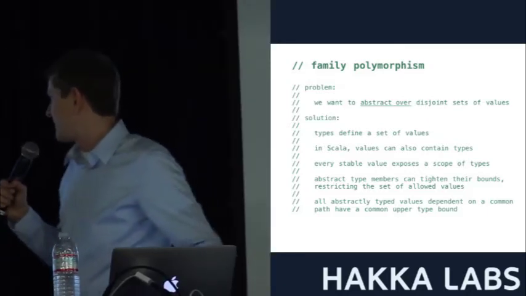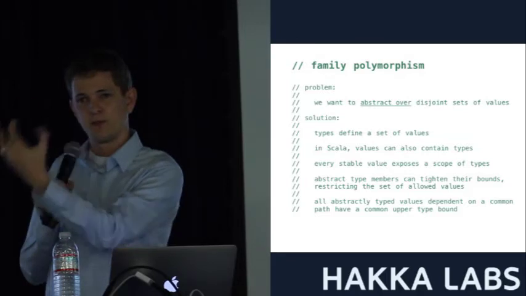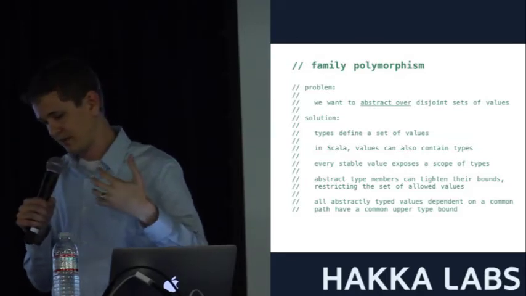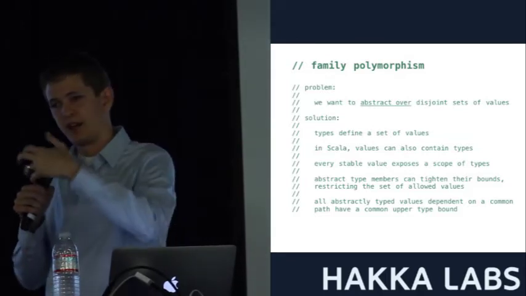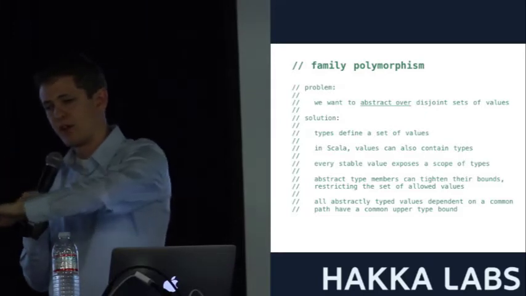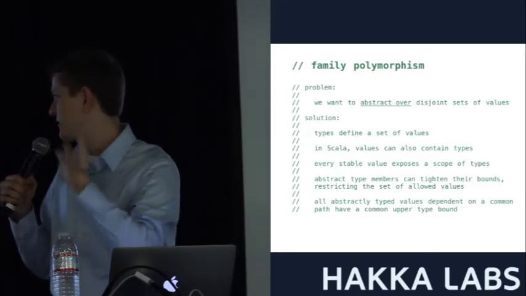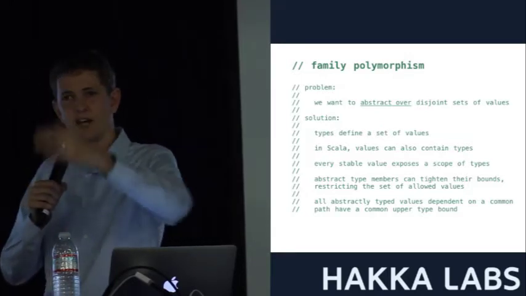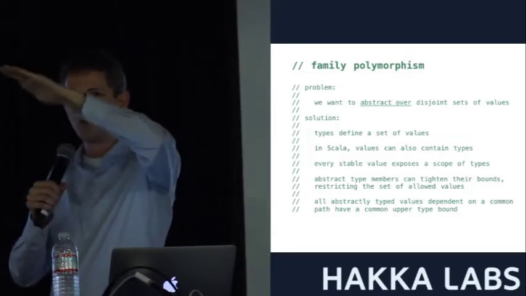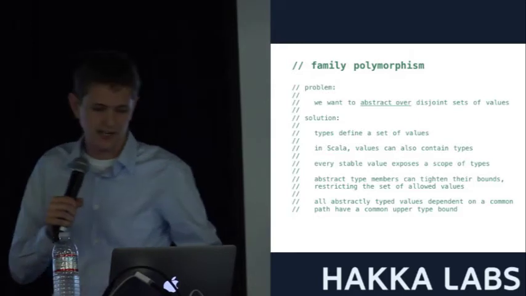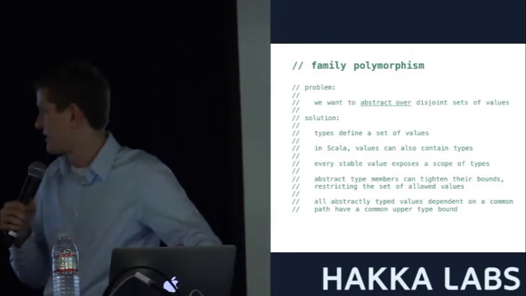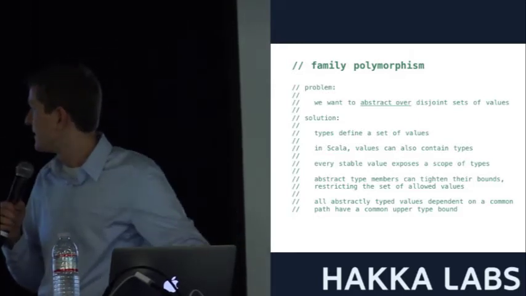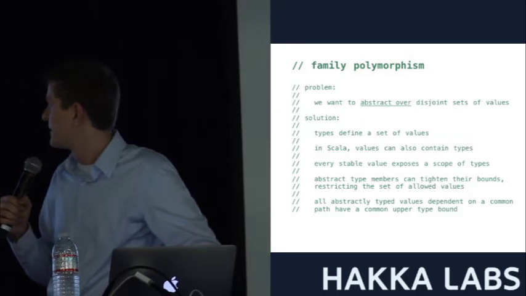And so every time that you have some value that's typed with an abstract type through a common path, you're actually referring to values that you know have a common upper bound, even if you don't know what that upper bound is, because you're working with the abstract base type.